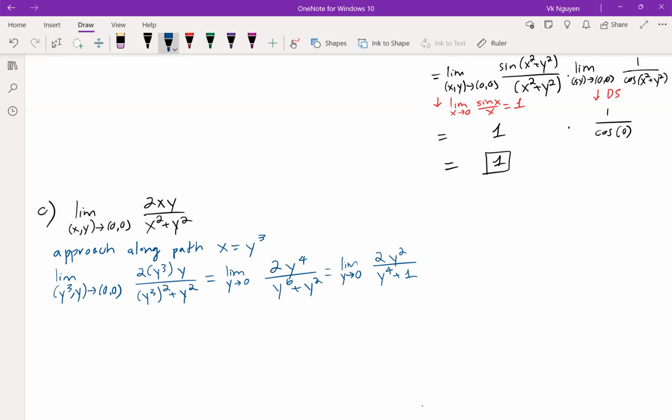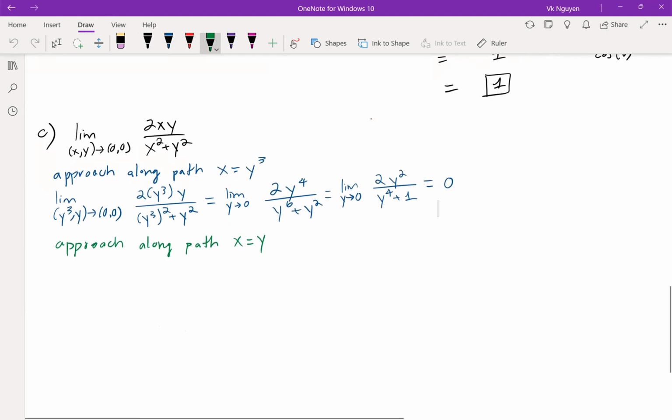And then when you plug in 0, you're just going to get 0. To approach along a path, just don't beat yourself up. It's x equals y here. Begin with something simple, and hopefully you get a different value. You want a different value.